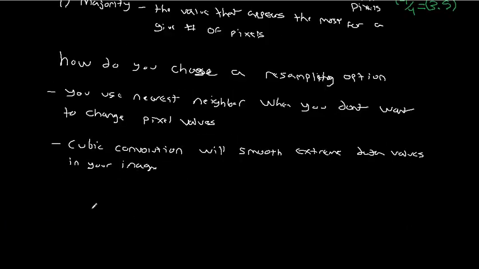Majority is good if you are dealing with categorical data and you want to take into account maybe if you have a lot of pixels occurring, like if you've done a pretty massive resampling, like gone from say 3 meters to 30 meters, and you might have 100 pixels that you might want to work with, then majority might work. All right, you use majority if you have categorical data.